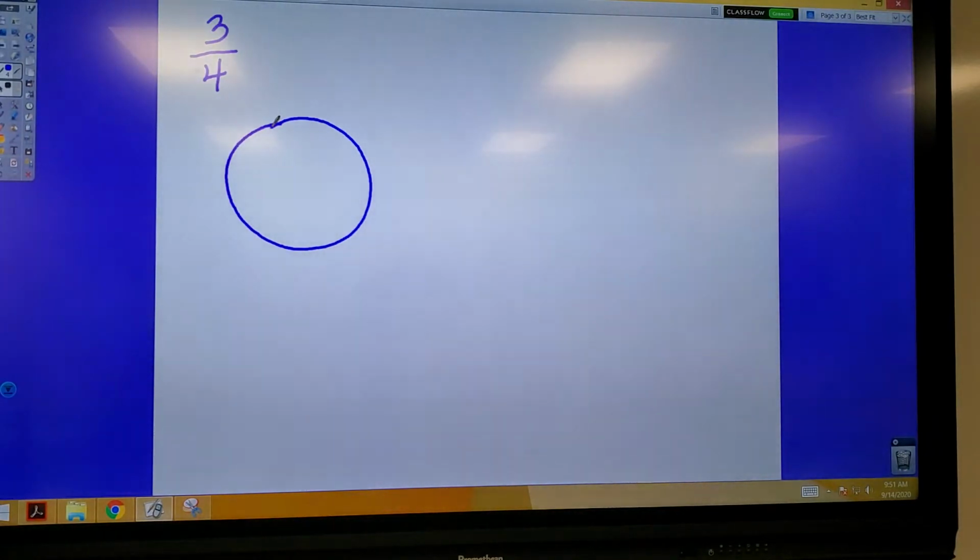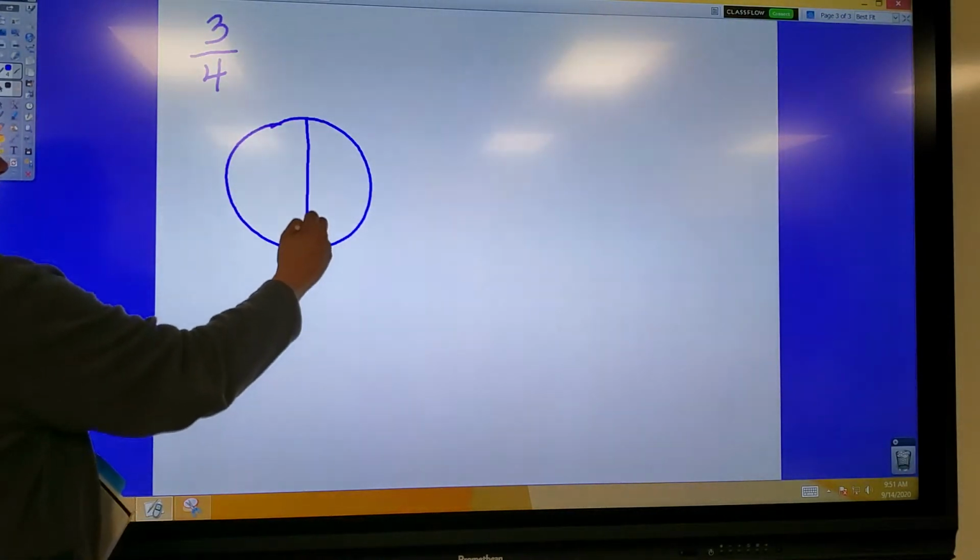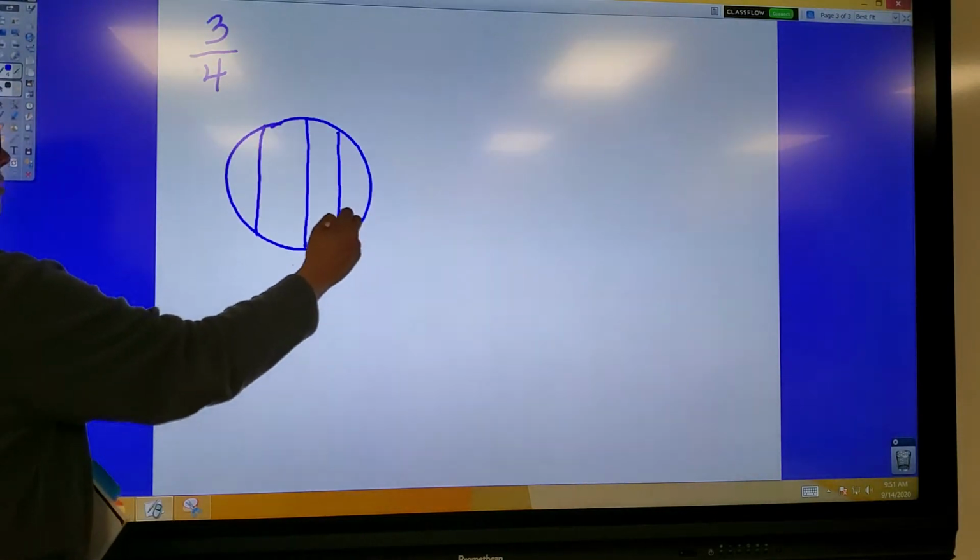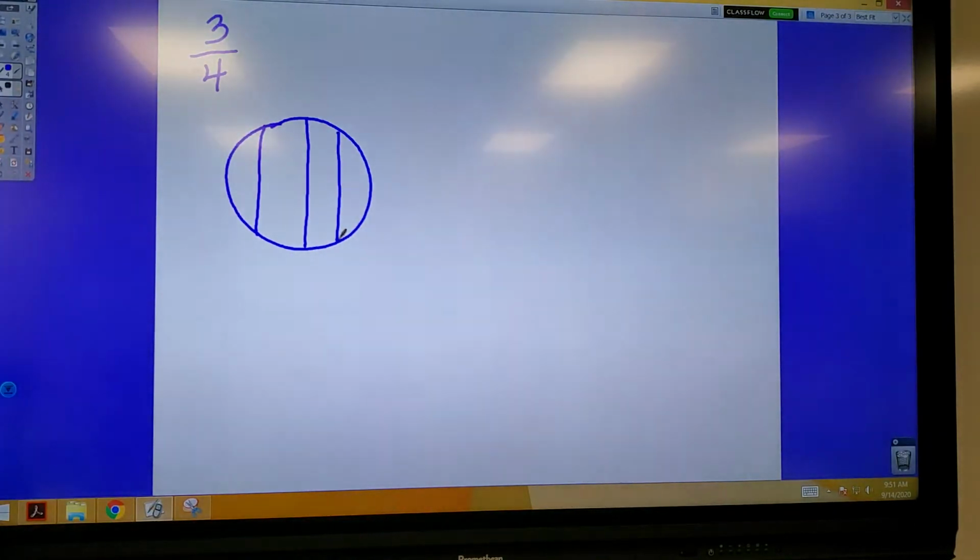Now, what would I need to start with doing if I wanted to represent 3/4 on this circle? All right. Cut it into 4 pieces. Now, does it matter how I cut it into 4 pieces? No. So I could do this. Would that be okay? That's 4 pieces. Would that be okay? Why not?